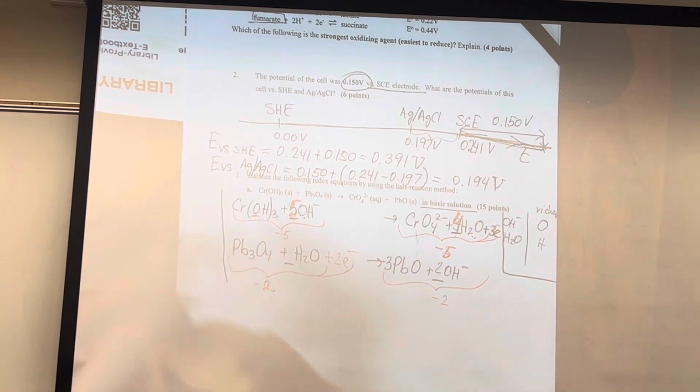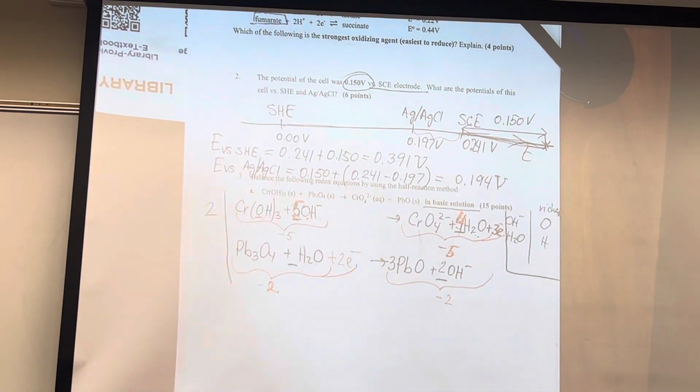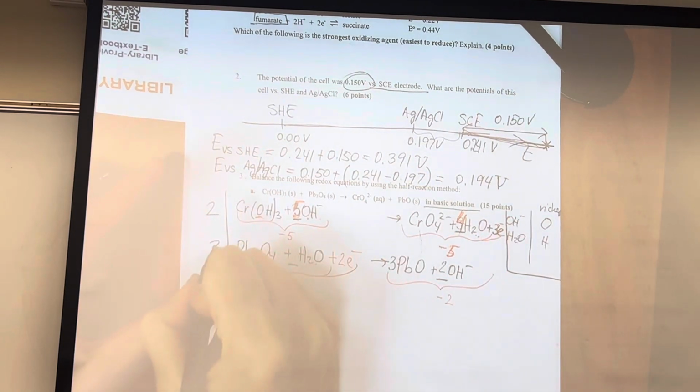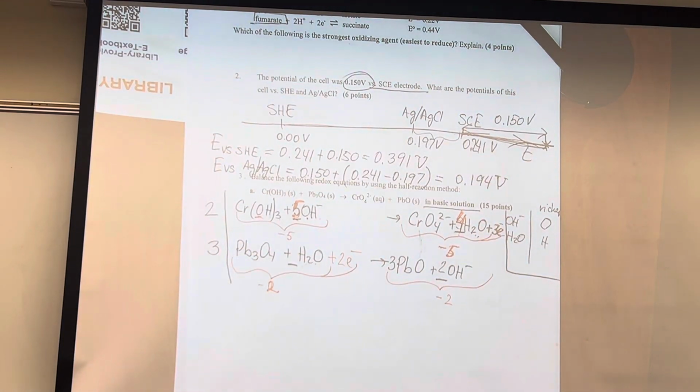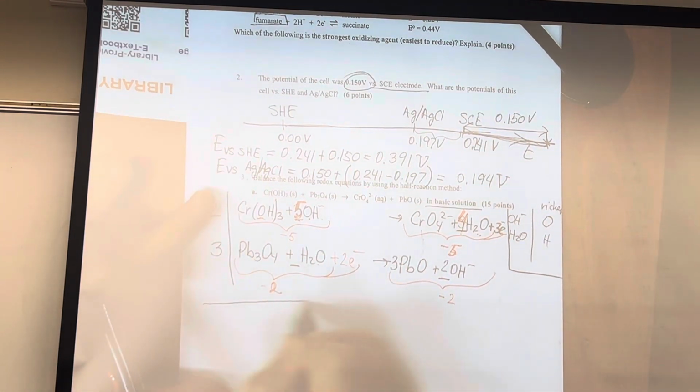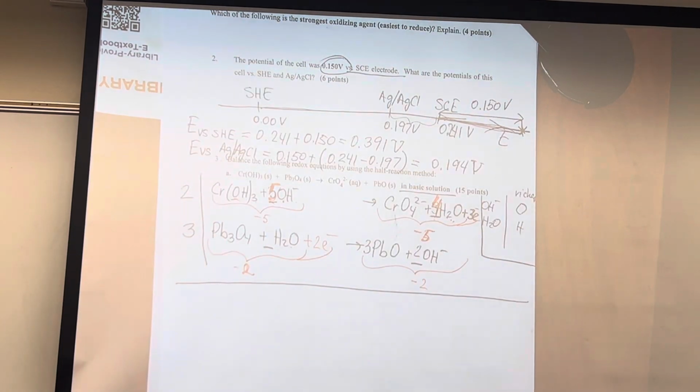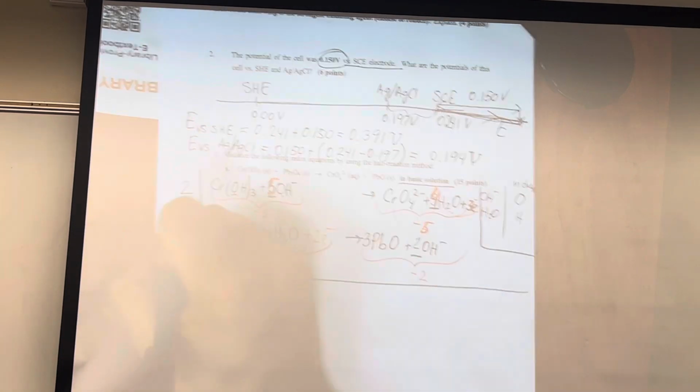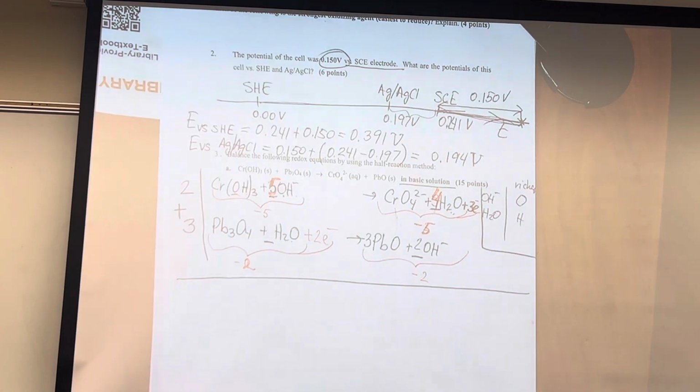Okay, so I am going to multiply the whole half reaction 1 by coefficient 2 and the whole half reaction 2 by the coefficient 3. That way we will have 6 electrons donated and 6 electrons accepted. So electrons in that case will cancel out. And we will add these two half reactions.